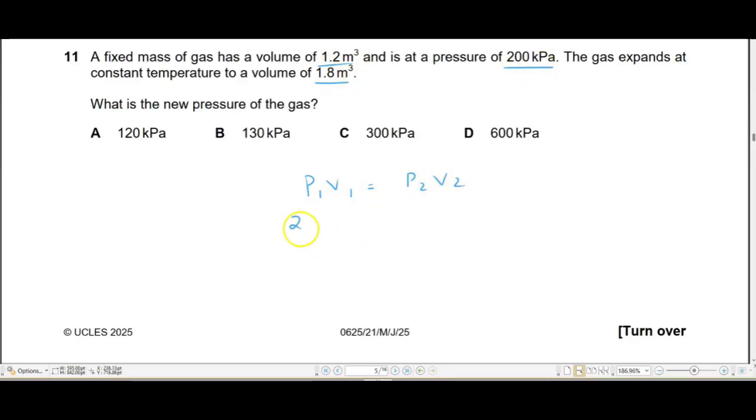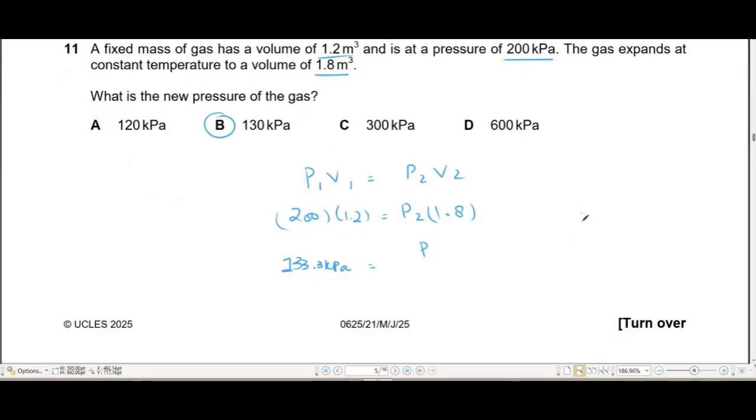So pressure 1 is 200 kilopascals and the volume 1 is 1.2 meter cubed, and P2 we have to find, and V2 is 1.8. So after the solution we are going to get a pressure of 133.3 kilopascals. So I think B is going to be our correct option for that.